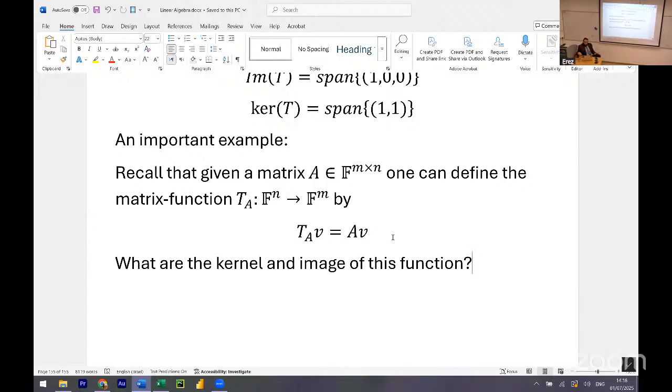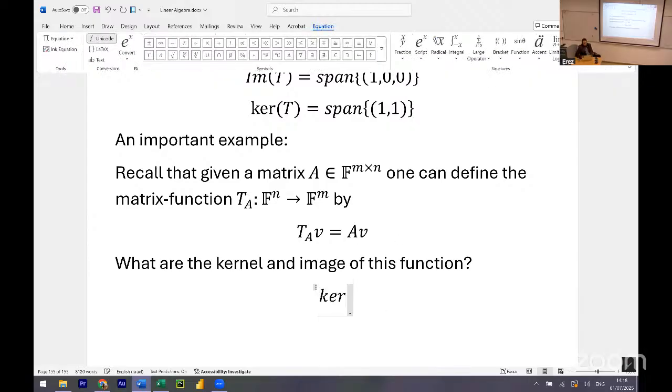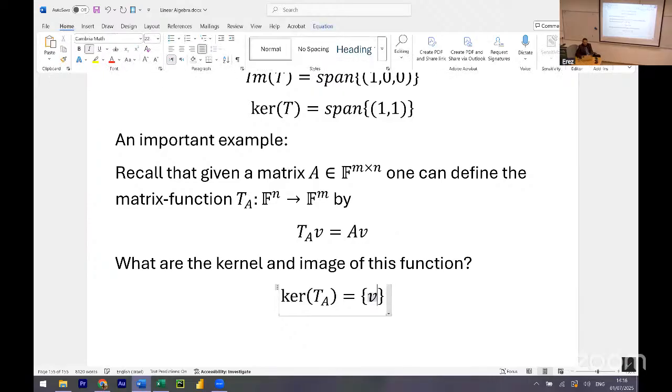So let's see. First of all, what is the kernel of this function? It's the set of all vectors V such that they are being sent to 0.